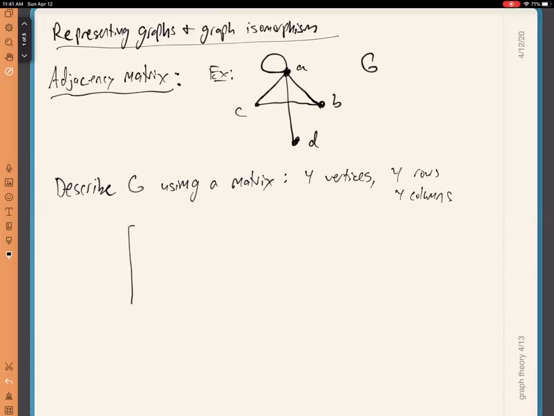So I'll have a row associated to A, B, C, and D, and then also a column for A, a column for B, a column for C, and a column for D. And what I'm going to do is put a 1 in the entry if there's an edge between the corresponding vertices.